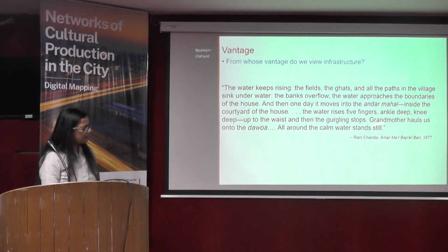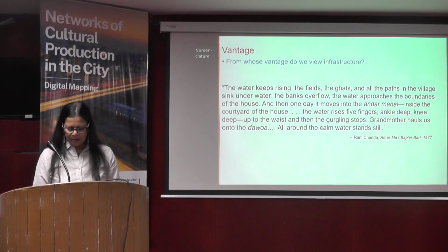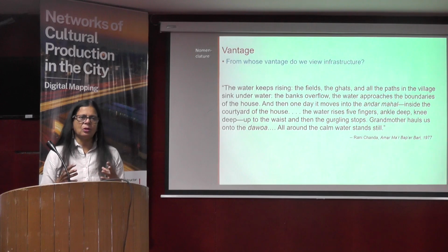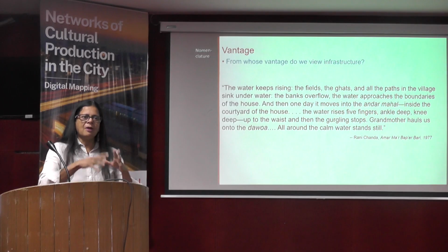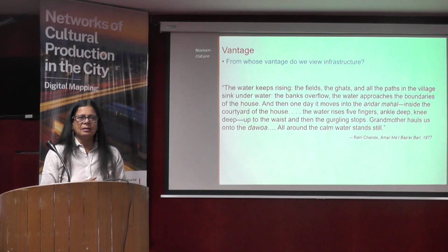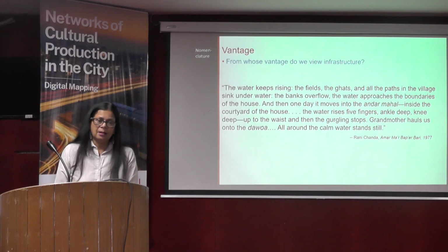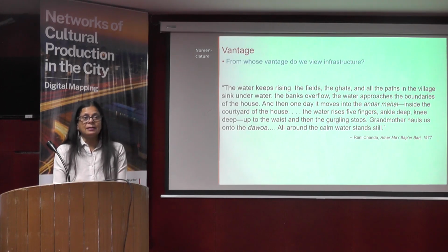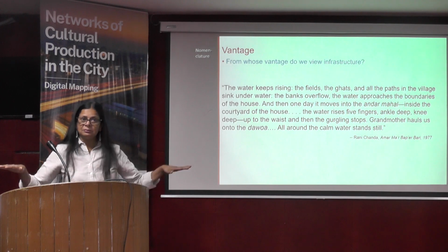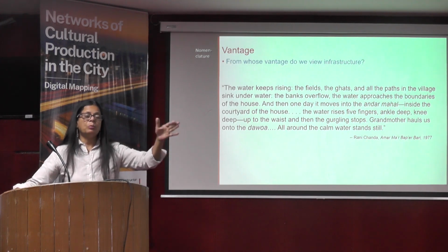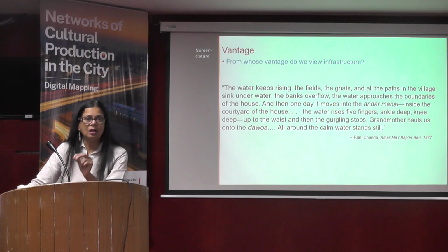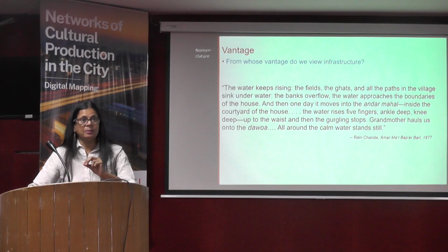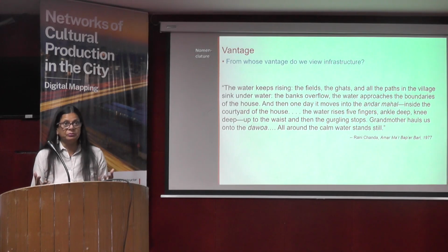So for 3 months it would stay, and she has a very evocative description of how life happened around that, and nothing stopped. In fact, because the road infrastructure in that part of Bengal was so bad, now that you have sheets of water, boats could go everywhere, and they could dock in the tower of the house. And this was really good, because now you actually had proper movement.